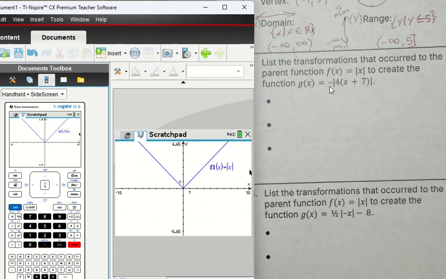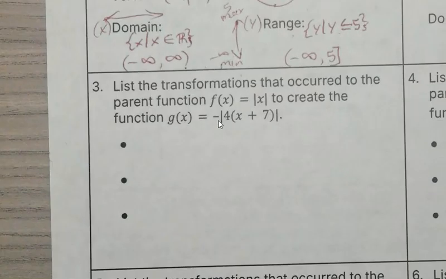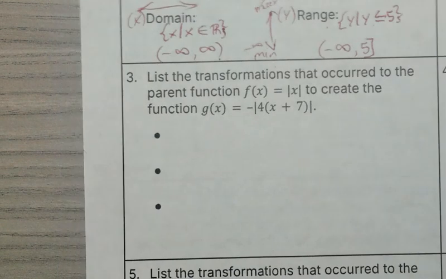So individually, if you compare the before and after, you notice that you have a negative written in the front of the absolute value. You have a 4 written inside the absolute value in front of the x, and then you have a 7 being added to that x. So those are the three things that are happening.